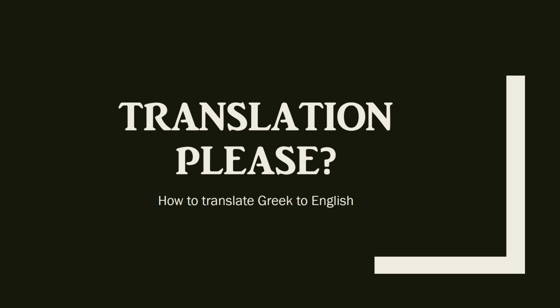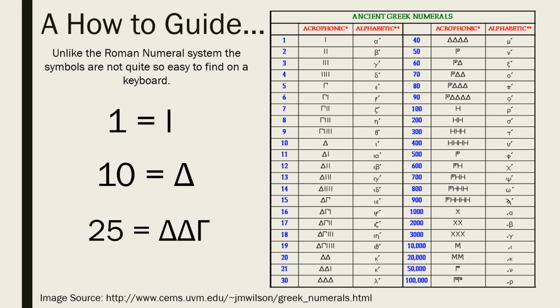So now I'm going to teach you how to translate from these Greek numeral symbols, not the alphabet, the symbols, to our English numbers, and basically just give you a translation. On the right I have the American numbers and what their symbols are, which is the acrophonic column, and then there's the alphabetic column, which gives you the Greek letter that would represent what each number starts with.